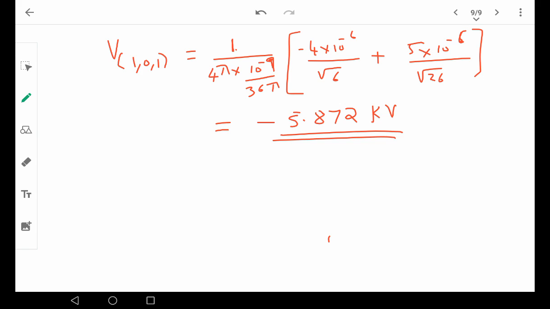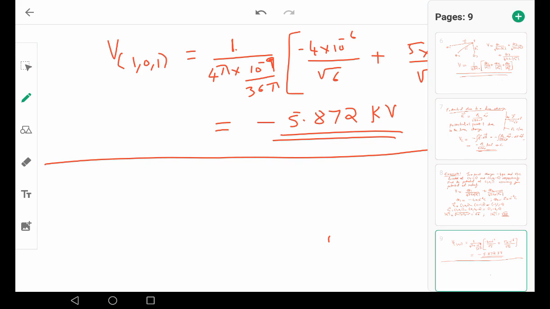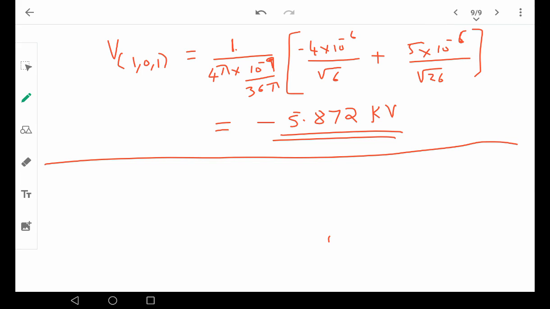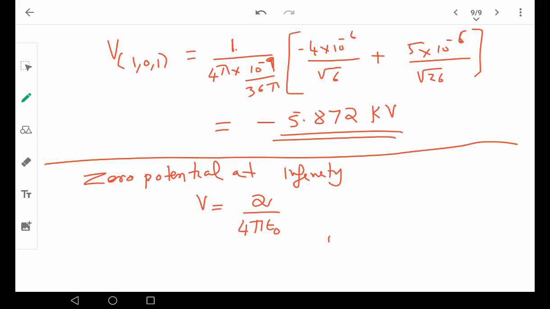Now, in this problem, we have taken zero potential at infinity. One assumption we have made here is zero potential at infinity. So you can write V equal to Q by 4 pi epsilon 0 R for a point charge.